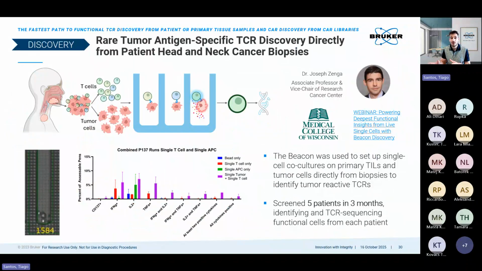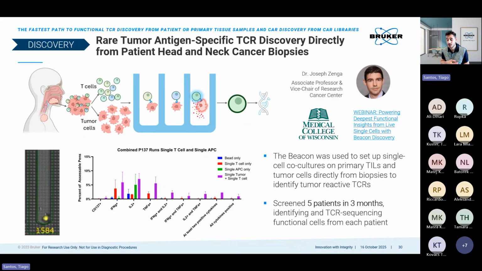Second, still on discovery, and still on TCRs, but even more with an aspect of validation. The work of Professor Zenga is truly astonishing. He's working on a very aggressive solid tumor that is very heterogeneous, as we know.